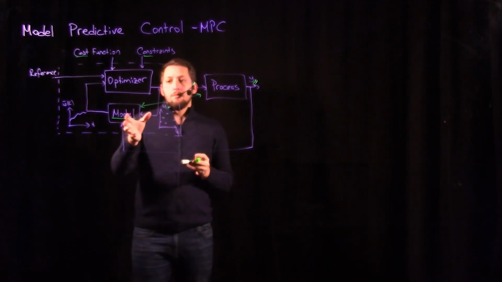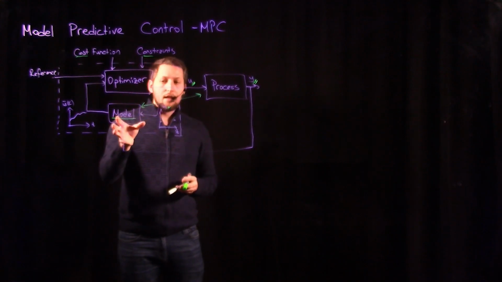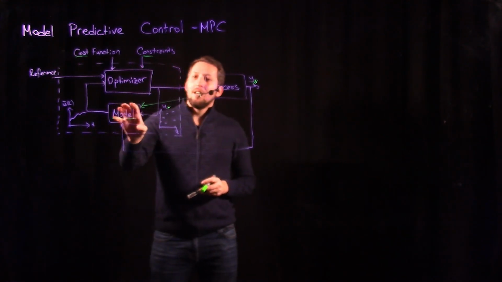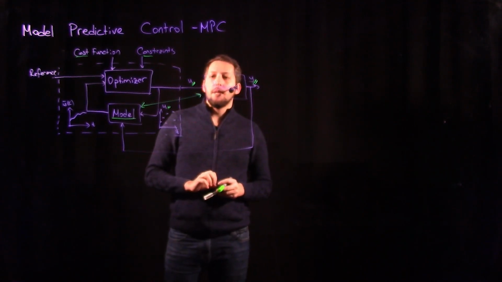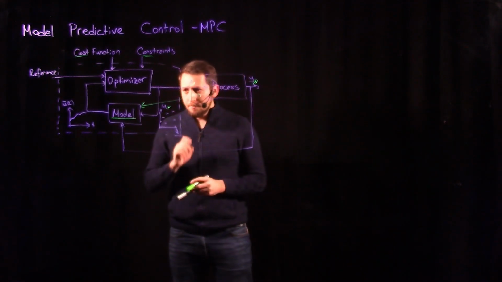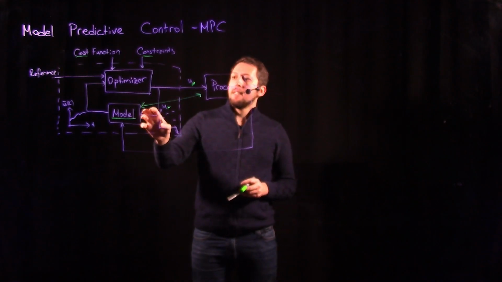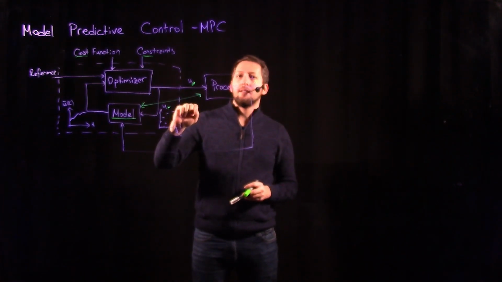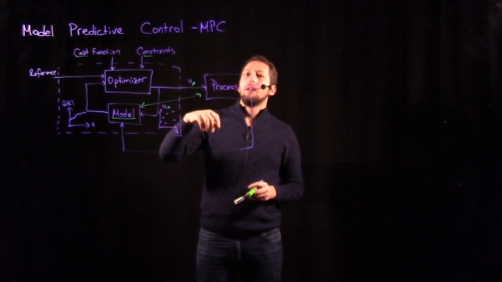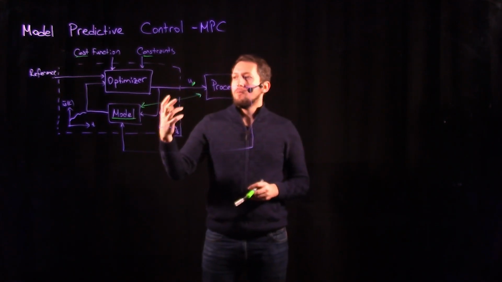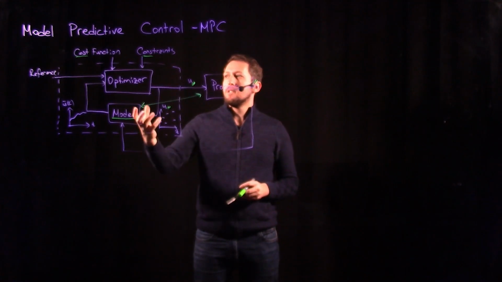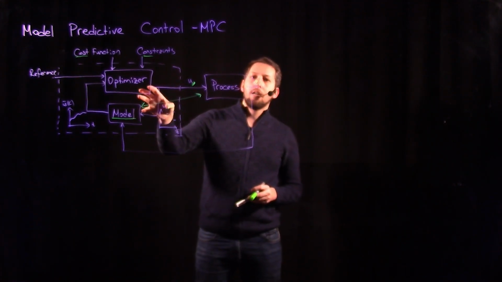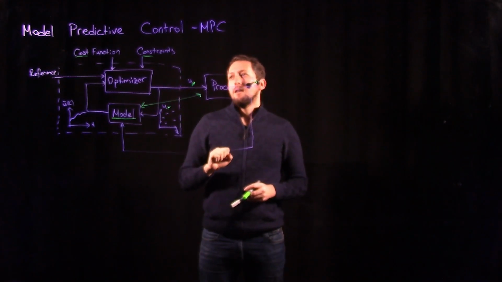Of course, the more complex our model gets, the closer we come to the actual behavior of our process, but then things may get complicated on the optimizer side. For example, when we have nonlinear or complex system models, then solving this optimal control problem in the background becomes a bit harder.